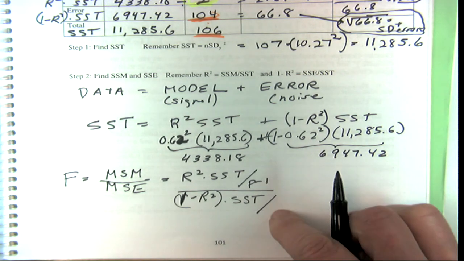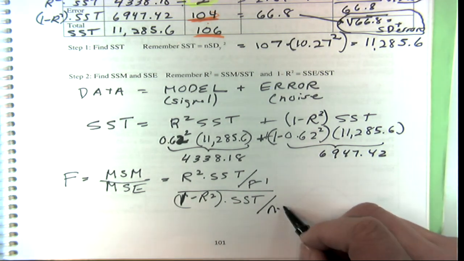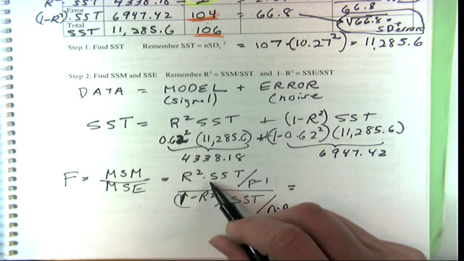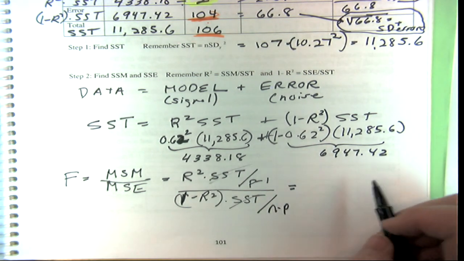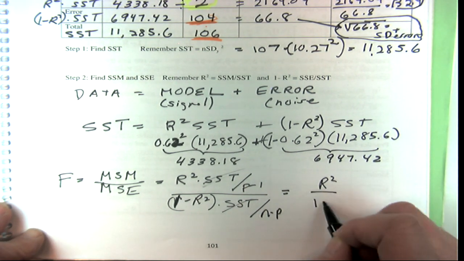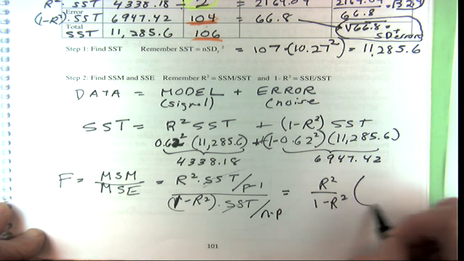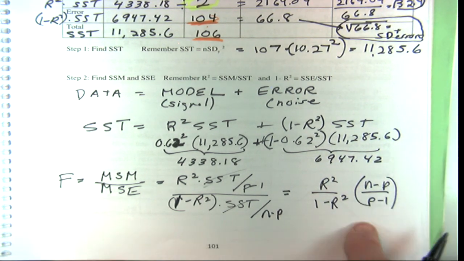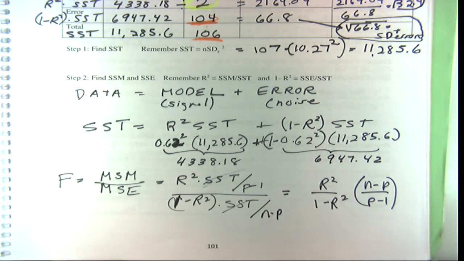This is p minus 1. This is n minus p. So when we do it, the SSTs cancel out, and you get just r squared over 1 minus r squared times this factor, n minus p over p minus 1. So we'll get the same thing.